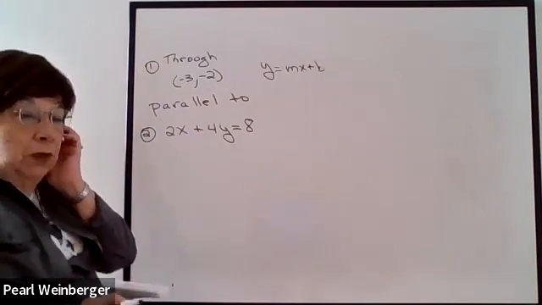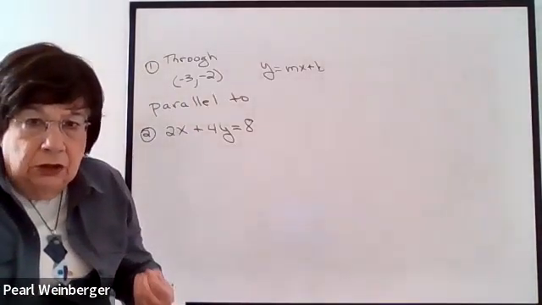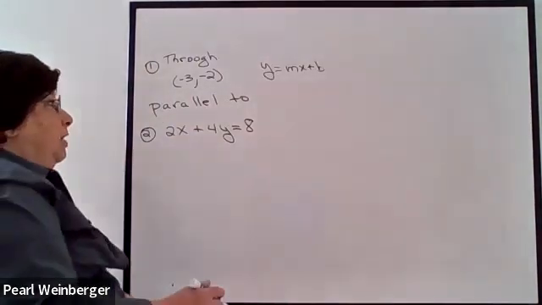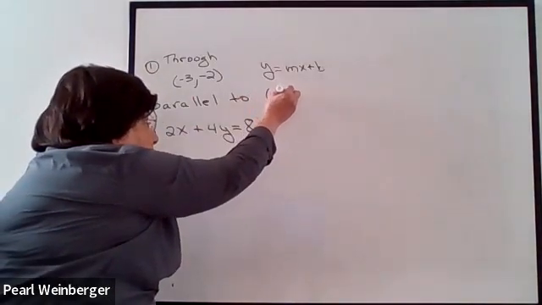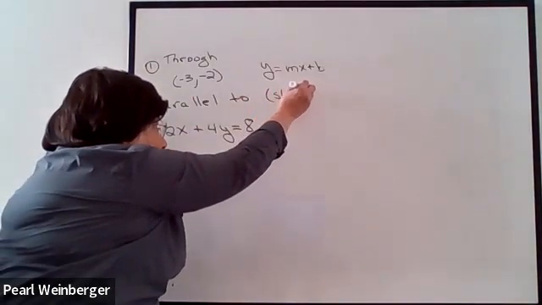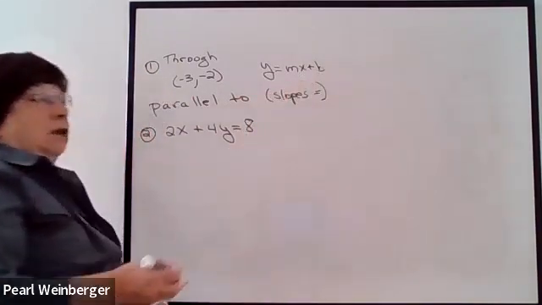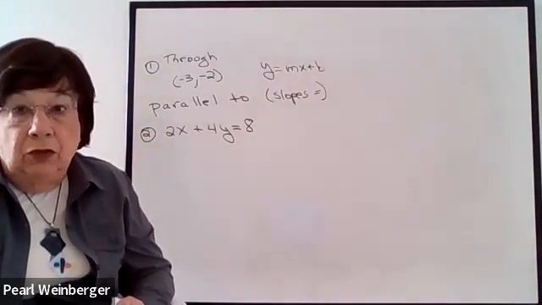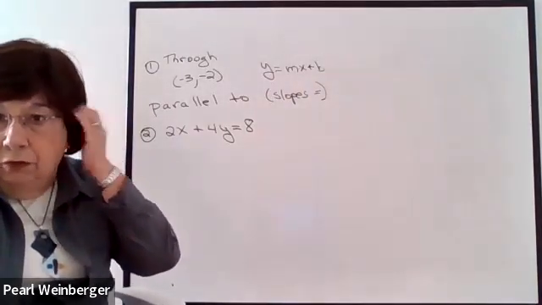So we have to remember, what does the word parallel mean to us in terms of slope? If you remember, when you have parallel lines, it means the slopes are equal. The two lines, if they're going to be parallel, will have to have the exact same slope.